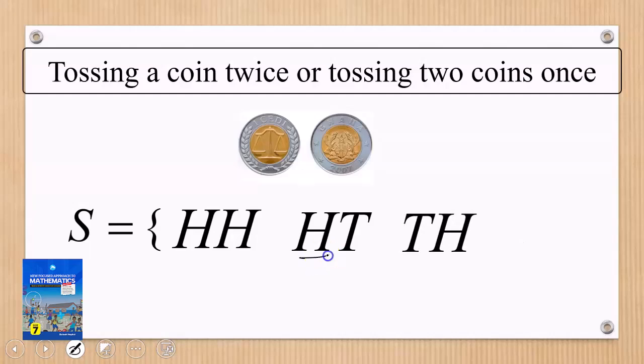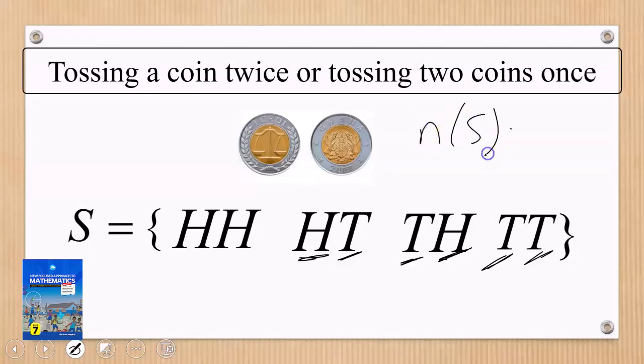That means if the first is head, second is tail, or first is tail, second is head, or both appear tail. So here the sample space for the possible outcomes from throwing 2 coins is this. And here the number of sample space becomes 4, because either this or this or this or this will be the outcome.